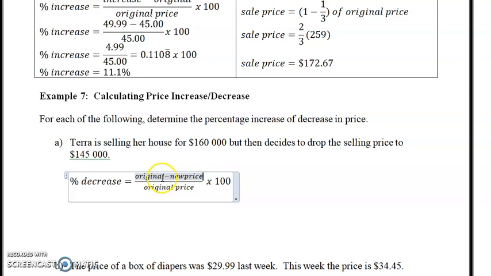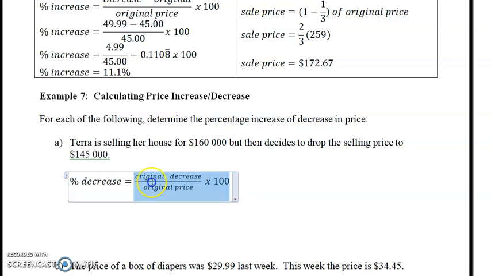So take the original and subtract the decreased price, or the new price. You just have to be careful there. In your numerator, you just take the larger and subtract the smaller, if that makes any sense.